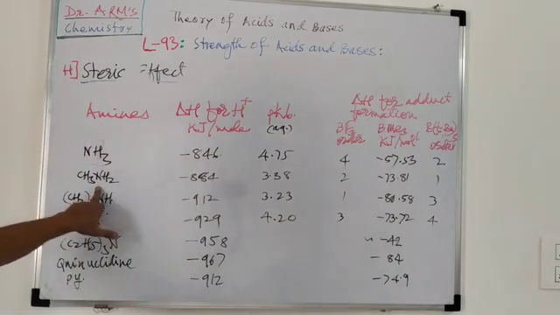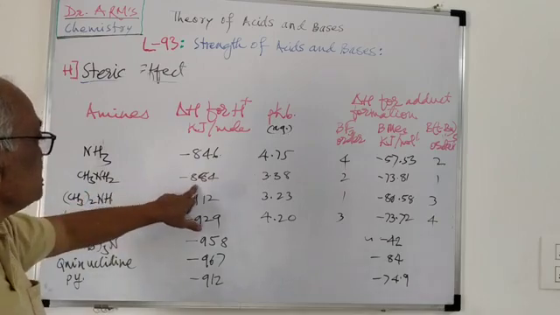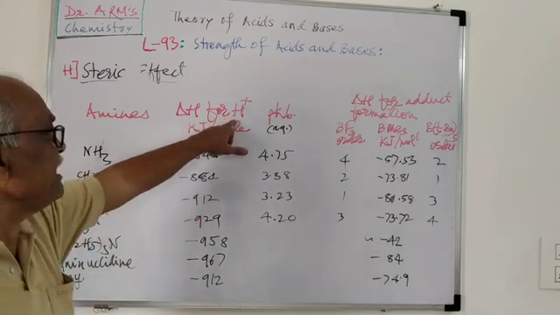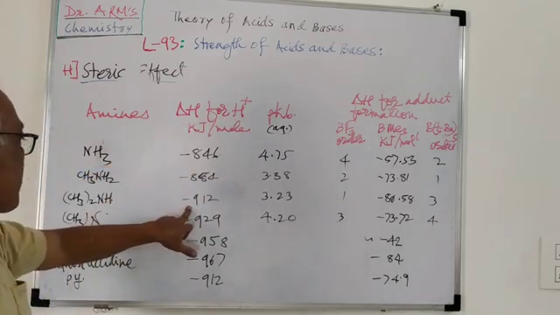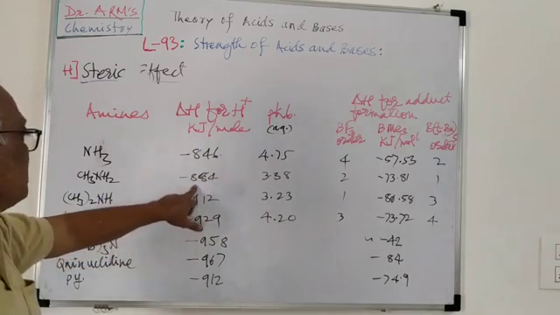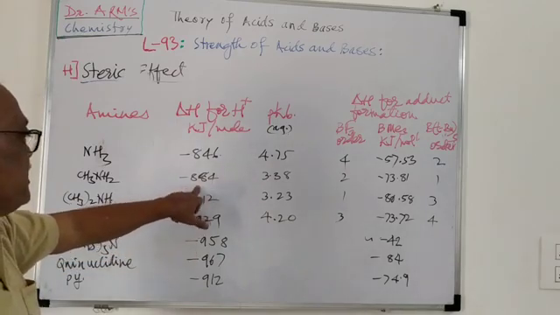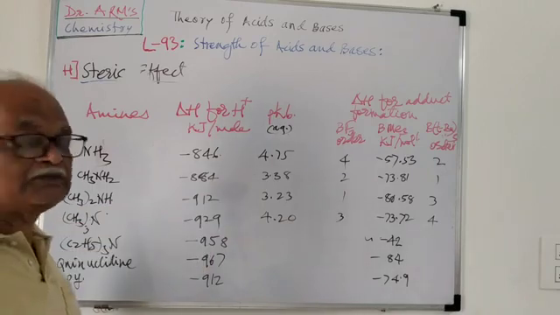With the alkyl substituted amine, that is CH3NH2, the delta H for this H plus addition is more, that is minus 884.